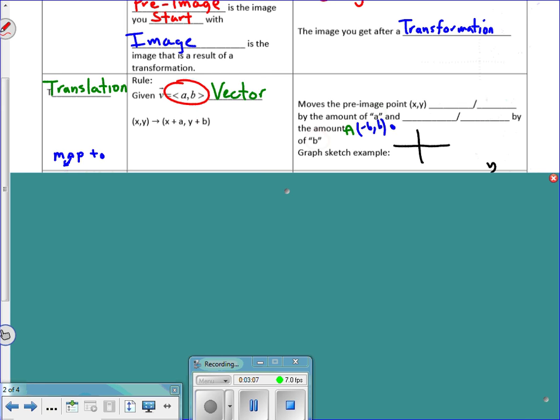So that A and that B comes over here, and we say, okay, you take the pre-image, and you're given some point X and Y, and the number that's in the A spot moves it left or right, and it's pretty predictable. Left would be a negative number, right would be a positive number, and then up and down gets handled by the second letter, which is B.